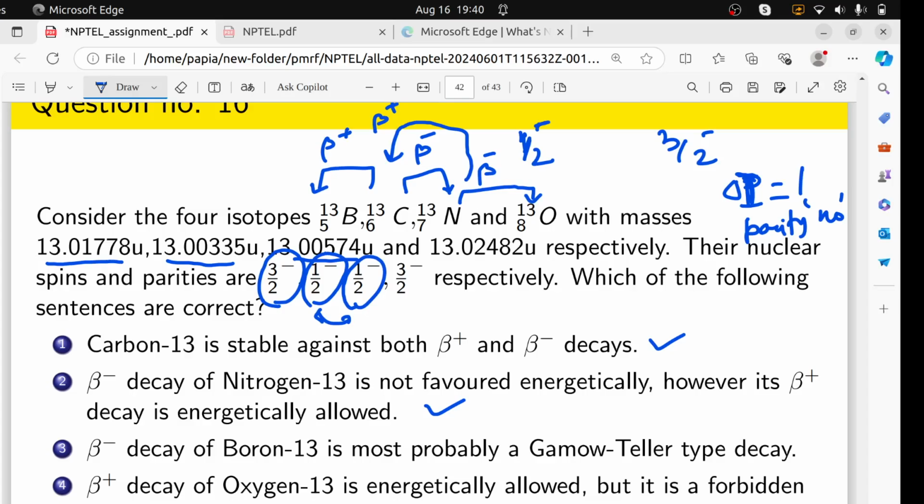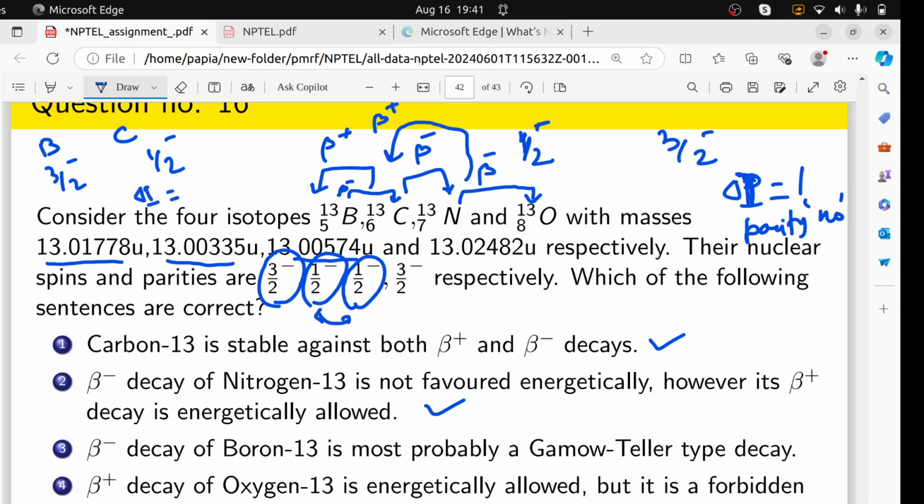Now beta minus of boron 13 is most probably a Gamow-Teller type decay. Beta minus of boron 13. Boron will go to carbon. Boron 3 by 2 minus, carbon half minus.